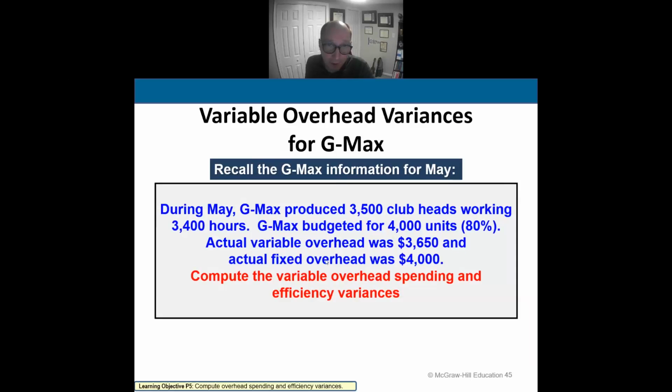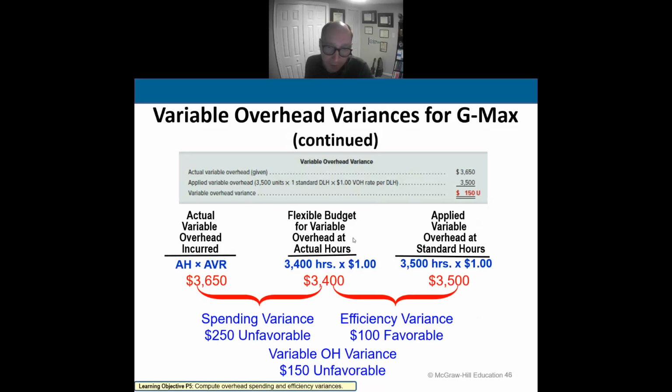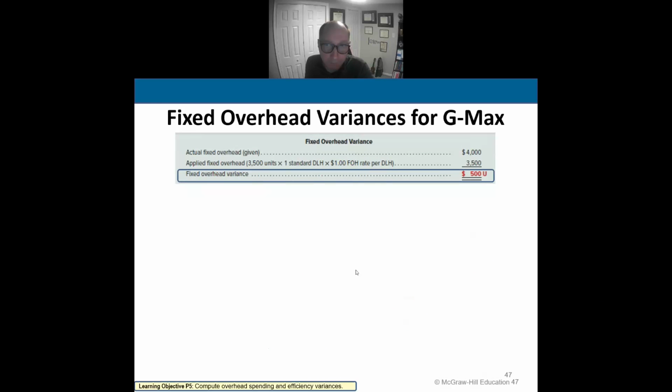Same with variable overhead variances. Actual minus the applied. Fixed overhead variance, actual minus the applied.